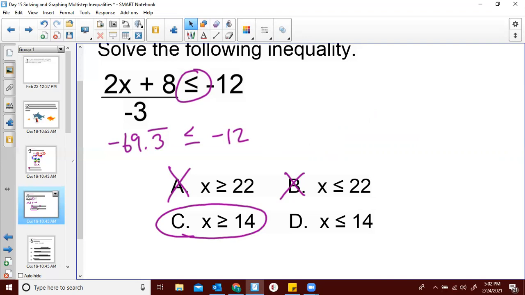Because we picked 100. So if we were on the number line, right, we have 0, we have 14, we picked 100. We could have picked -100, but it wouldn't have been true. Well, we know 14 is a number of interest. And because 100 works, that means that all of our answers are going to be to the right of 14.